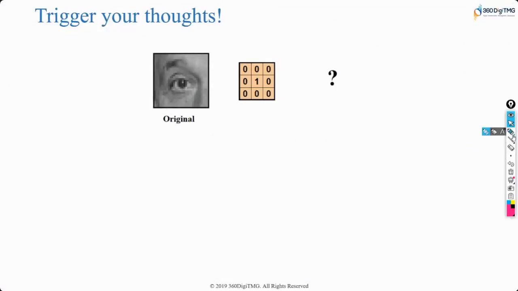So if I apply this on this patch, what happens? All these neighboring pixels will be zeros, right? 0 into this, plus 0 into this, plus 0 into this, and so on. The only pixel value that gets multiplied and gives an answer is the central pixel, which is multiplied by 1.